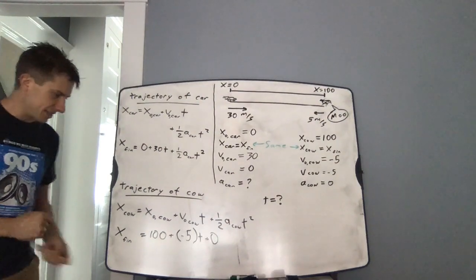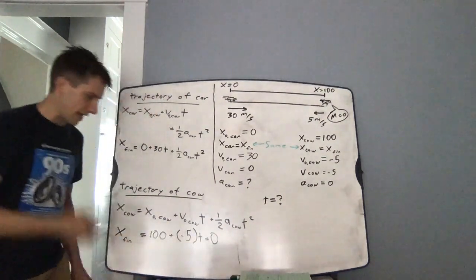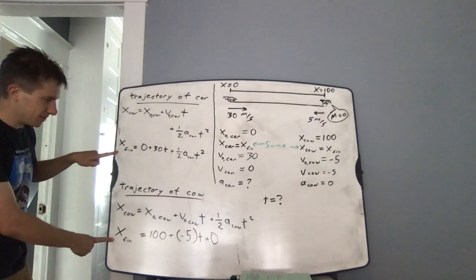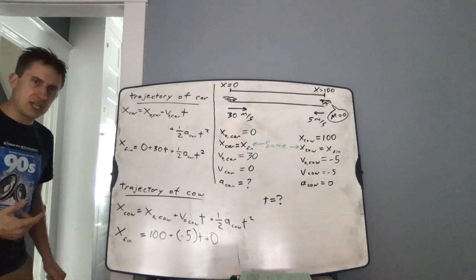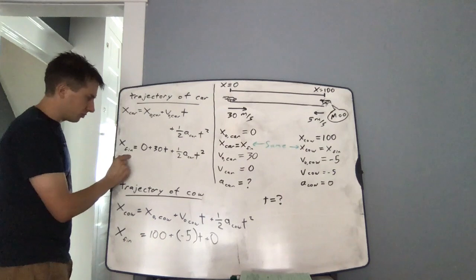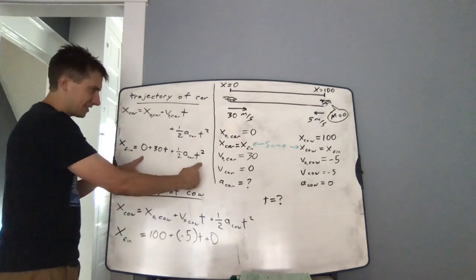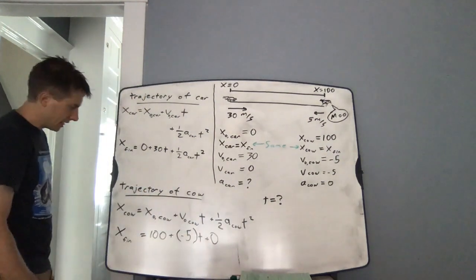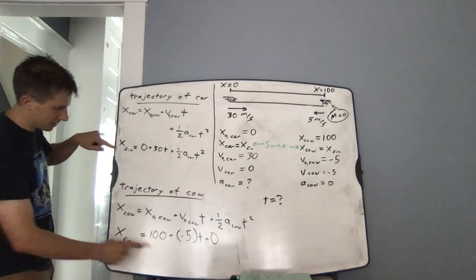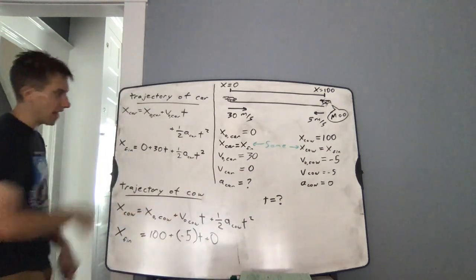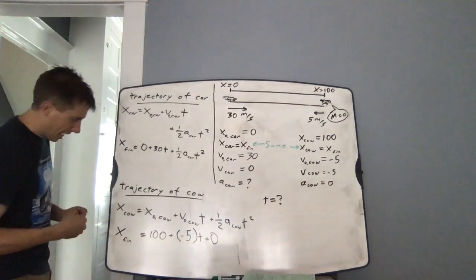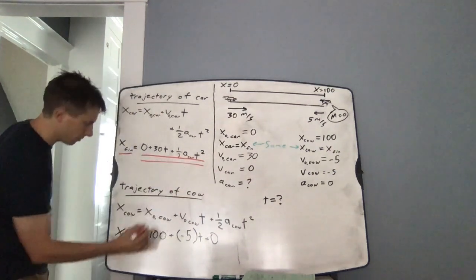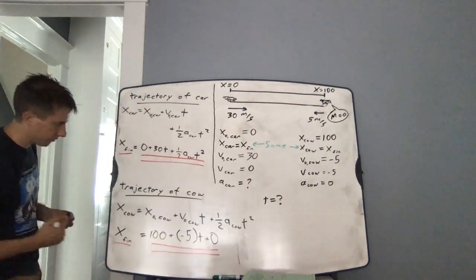So at this point, I simplified some of what I have to do. Now, the final position of the cow is the same as the final position of the car. Whenever I have an equal sign, whatever this is equal to, whatever this is the same as all that. If this and this is the same, that means all this must be the same as all that. So I'm going to set x final equal to x final, which is like saying all this stuff here is equal to all this stuff here.